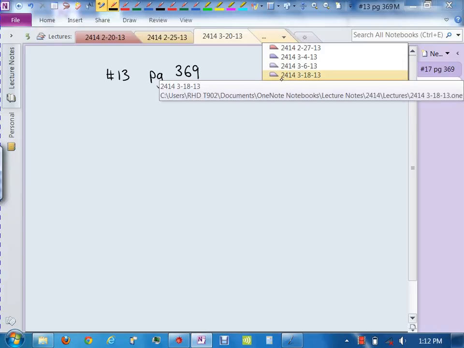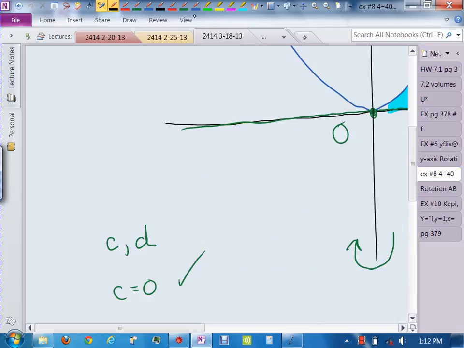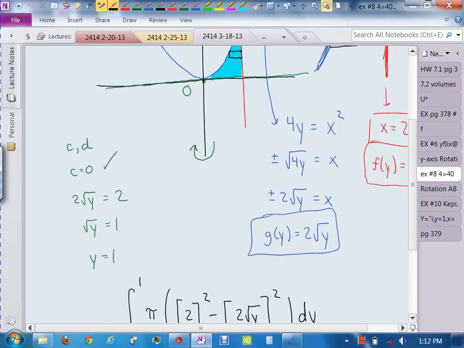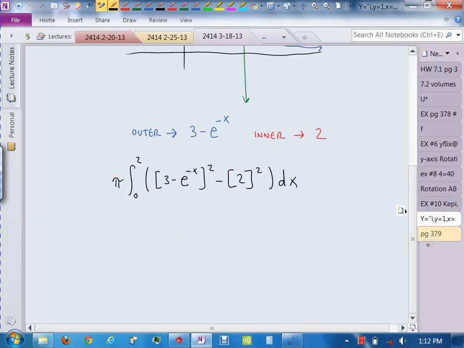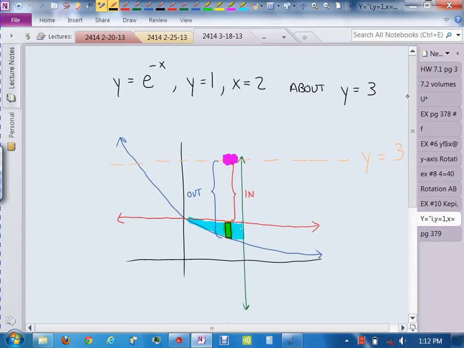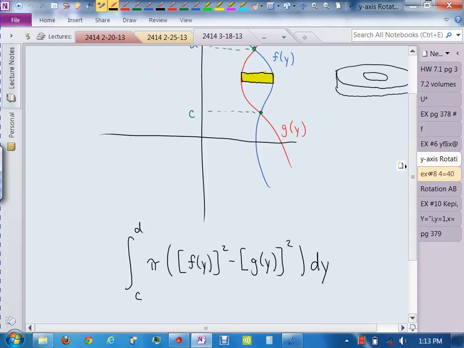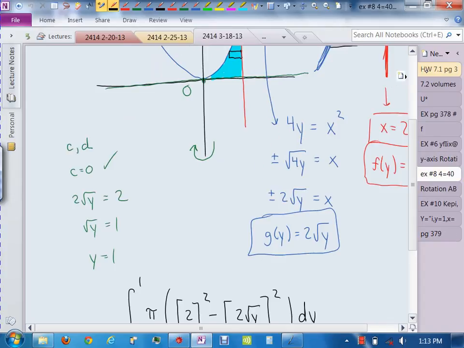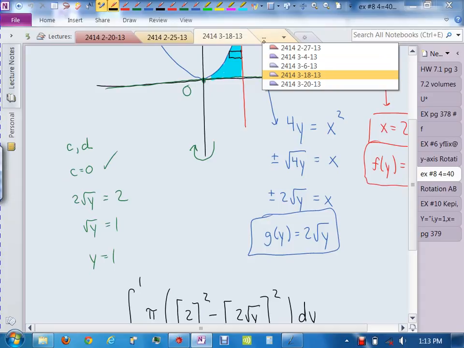I think last class I did that. Yeah, it's in here somewhere. You got it? Okay. Any others? Oh no, that would have been back. Others?